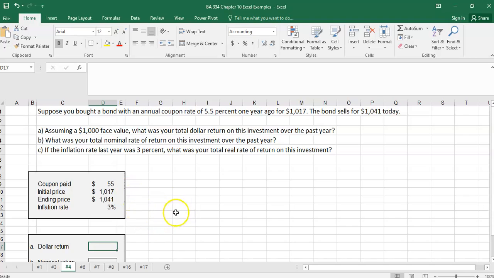That is similar to the dividend dollar return, where it's dividend paid plus the change in price. Same formula, except we have the coupon paid. That's our dividend for a bond, plus the change in price. So ending price minus initial price.